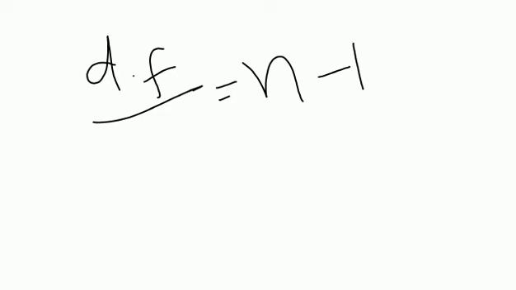In most of the Mendelian problems, there are 2 classes, 3 classes, 4 classes, etc. So if it is 3 classes, 3 minus 1, degree of freedom is 2. If it is 4 classes, 4 minus 1, degree of freedom is 3.